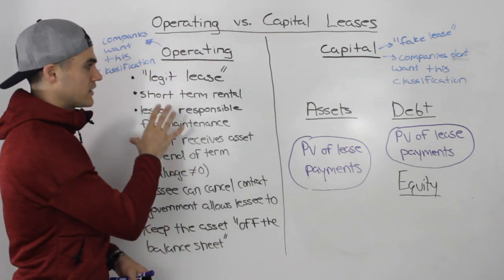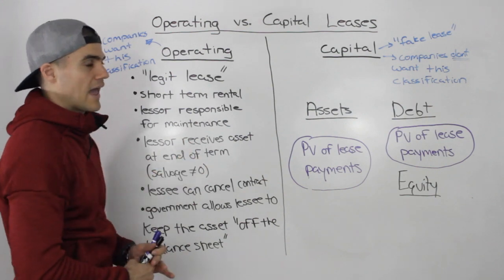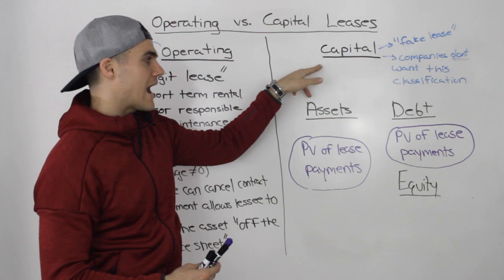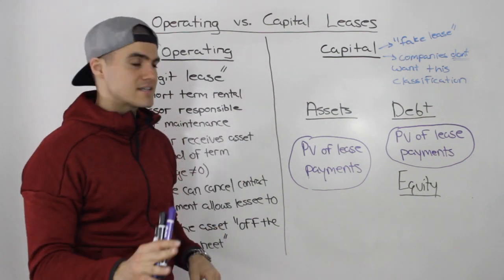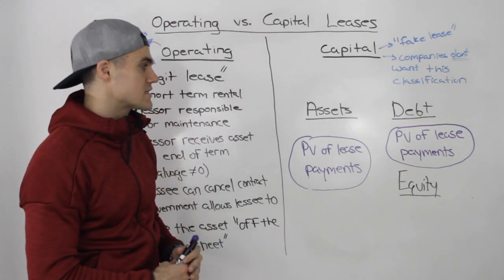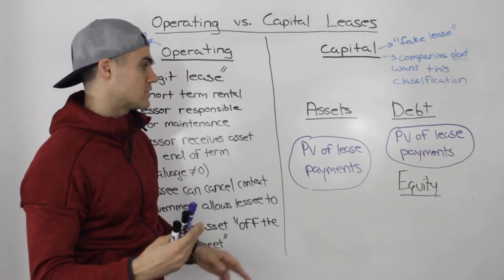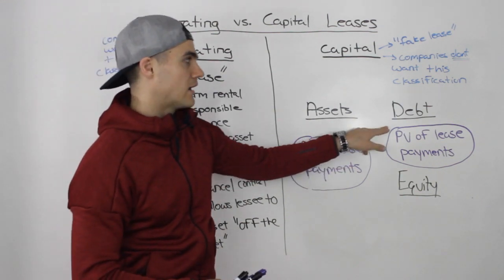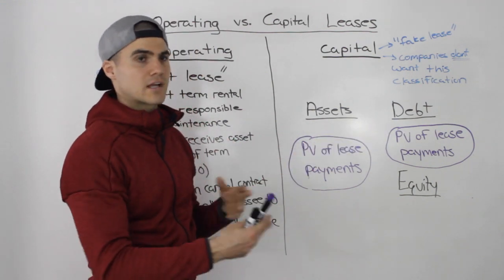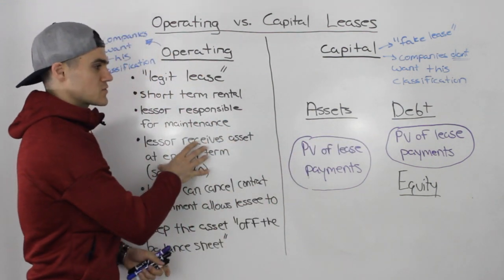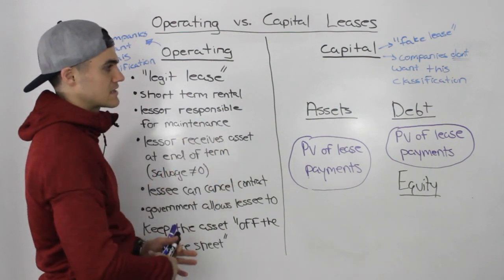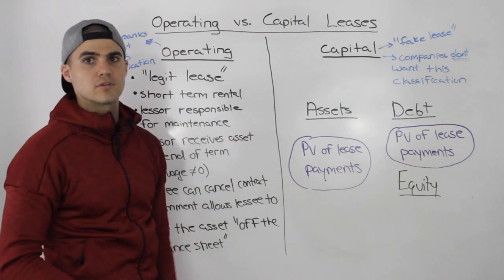We can classify it as an operating lease as long as it doesn't hit the criteria for a capital lease. But if it does hit the criteria for a capital lease, then you have to put the present value of the lease payments under the assets part of the balance sheet and under the debt. So it's like a battle. Companies want this while the government stays impartial. They say you can have this as long as the criteria for a capital lease is not met.